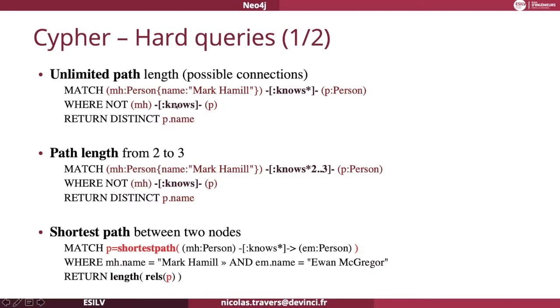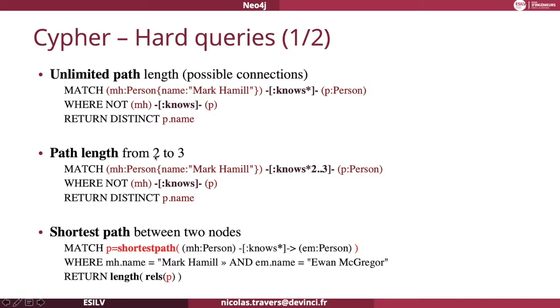So this link is a direct link, which is different from this star link, which says that I want it with a length of 1, 2, 3, 4, and whatever. And so I want all the names that Markov does not know directly, so all the people that he knows indirectly.